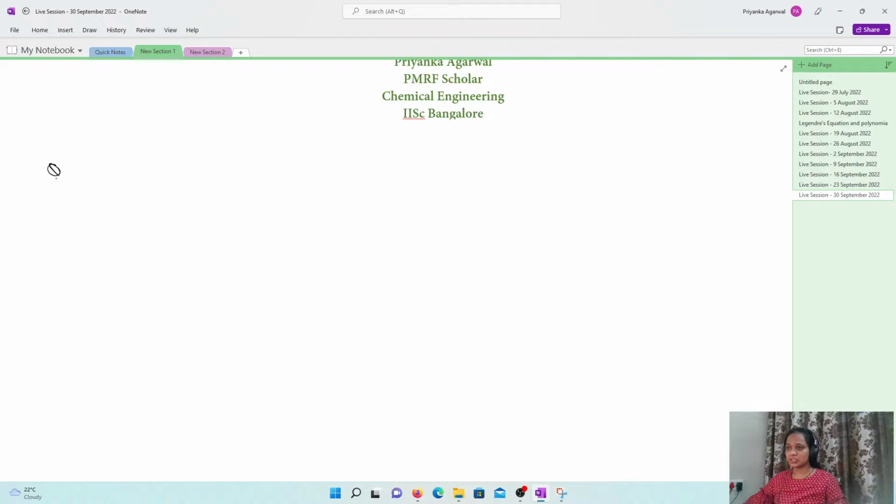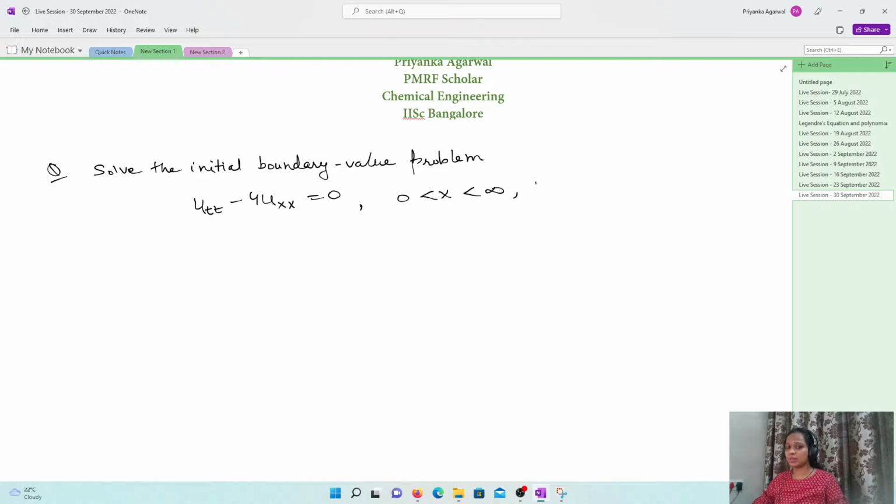So let's see a question where we have to solve the initial boundary value problem. The problem is u_tt minus 4u_xx equals 0, and the domain is 0 < x < infinity, that is the semi-infinite domain, for all times greater than 0.